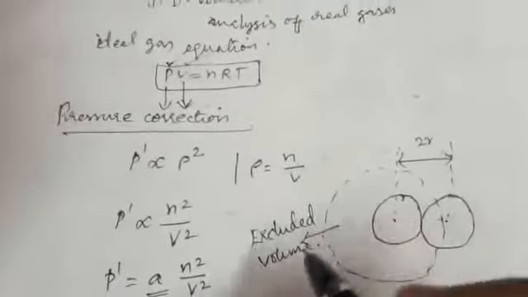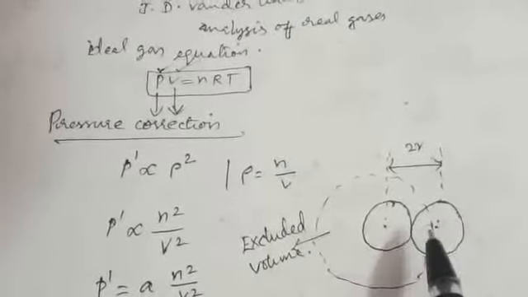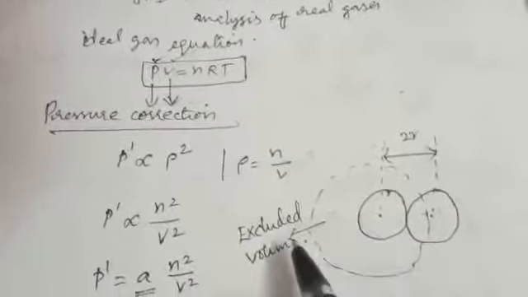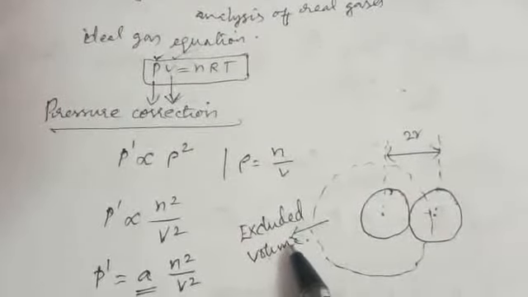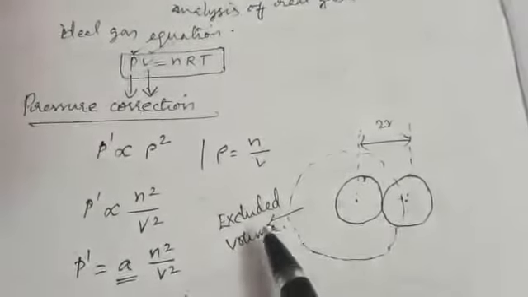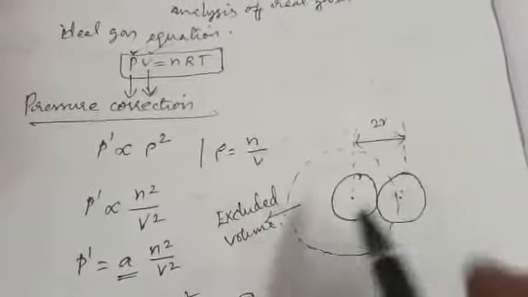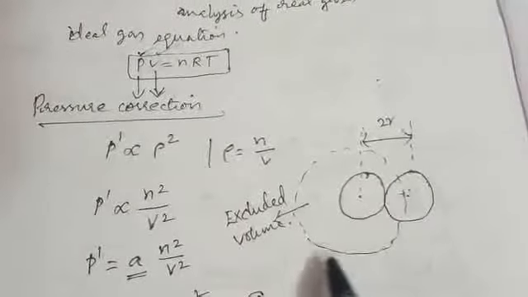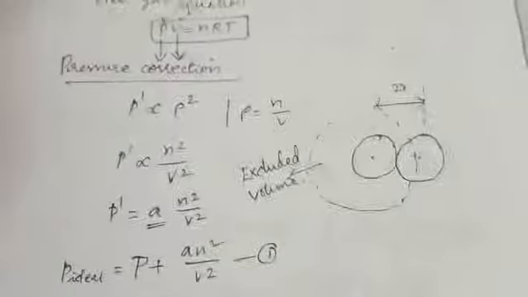Van der Waals introduced a correction factor V dash for this effect. Let us calculate the correction term for a molecular sphere.